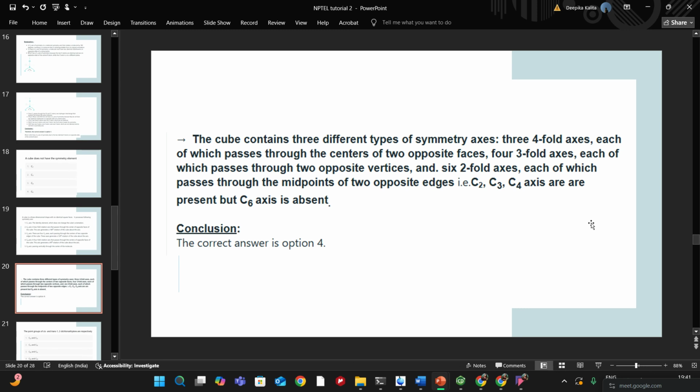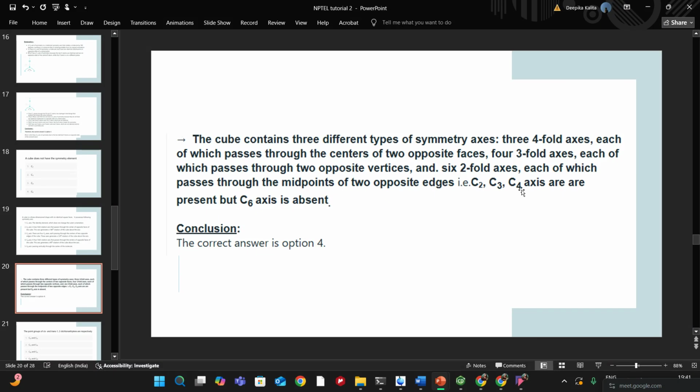And if we talk about the point group of a cube, C6 is not present on a cube, okay? Because if you rotate a cube by a C6 axis of symmetry.